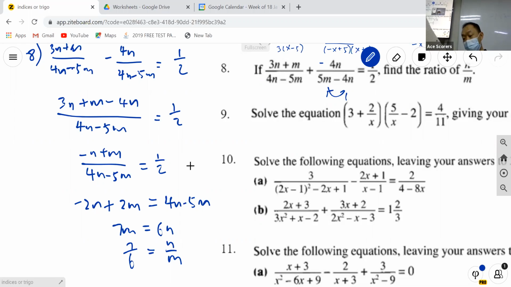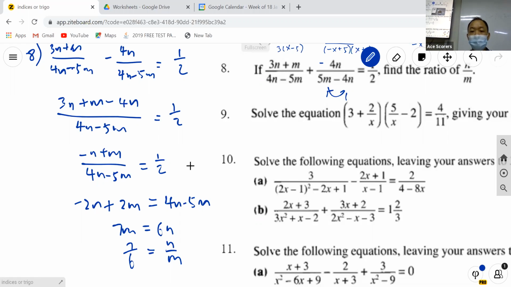Same stuff, eh? Oh. Negative. You swap this thing in negative. Minus 4. We bring here, bring there, wrong. When you cross over, it's not a positive. Negative 6.